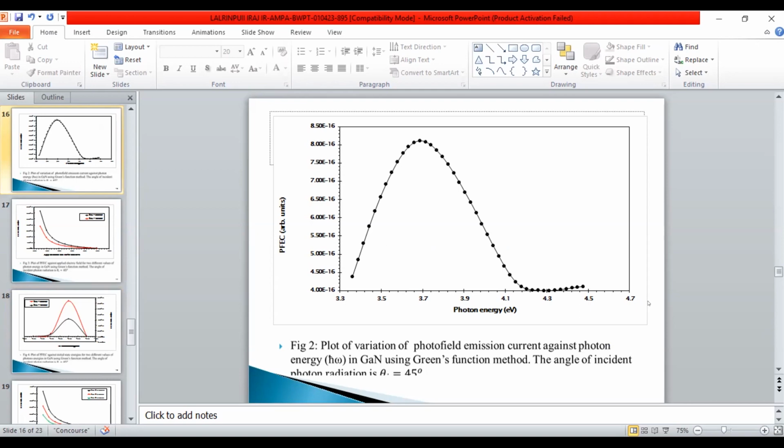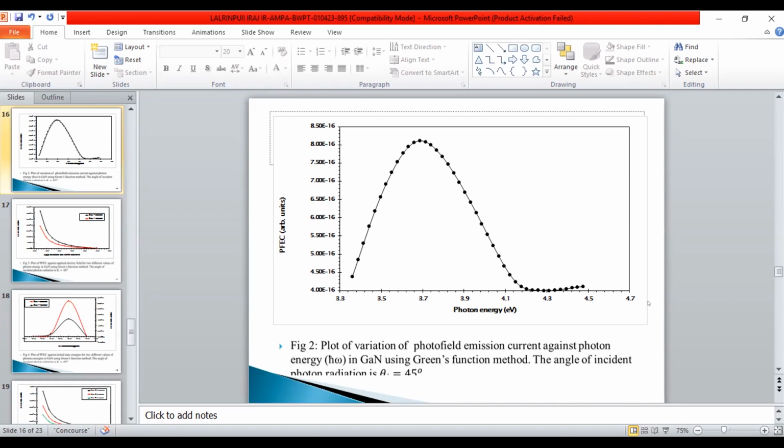In figure 2, we have plotted the calculated result of photo field emission current as a function of photon energy. Here we have chosen the initial state energy Ei equal to 1 electron volt below Fermi level, EF equal to 0.0, and the angle of incident photon radiation is θi equal to 45 degrees.